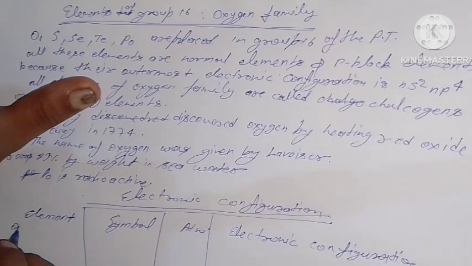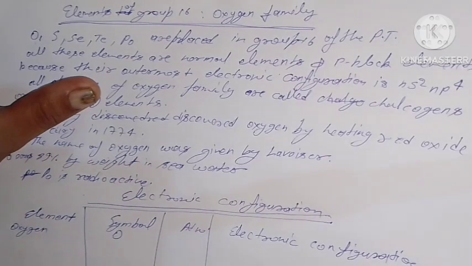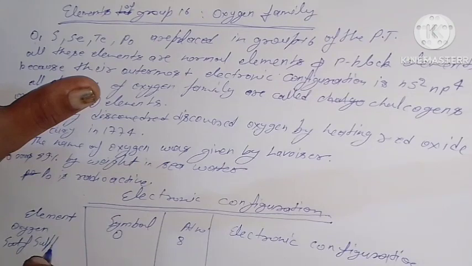The element is oxygen, symbol O, and atomic number 8. After oxygen, the next element is sulphur, symbol S, and atomic number 16.